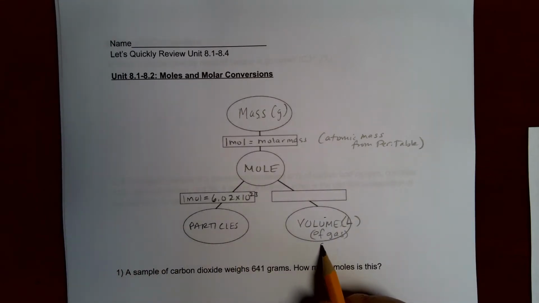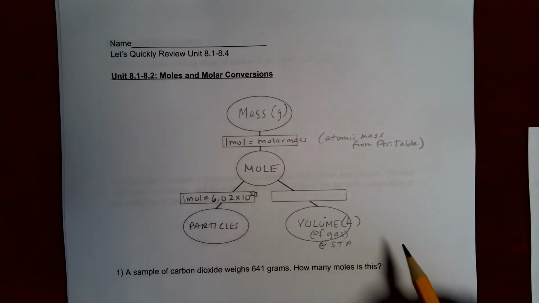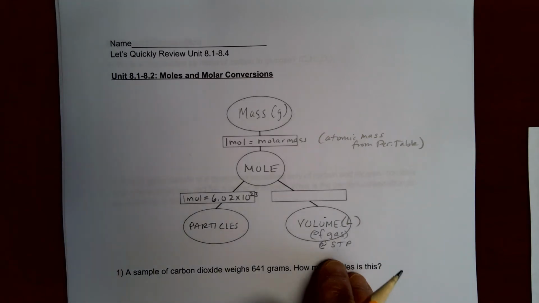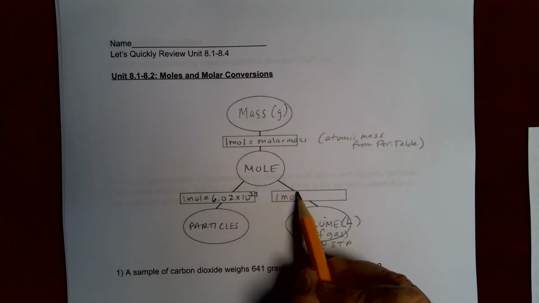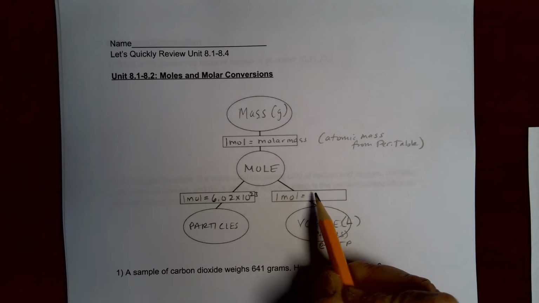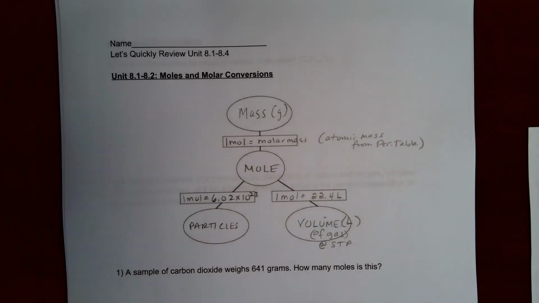This is only valid to use if the gas is at standard temperature and pressure. All the problems at this point will be at standard temperature and pressure. When we get to the gas unit, we'll have non-STP problems. But for now, the conversion equality that you would use is 1 mole of any gas at STP will have a volume of 22.4 liters.